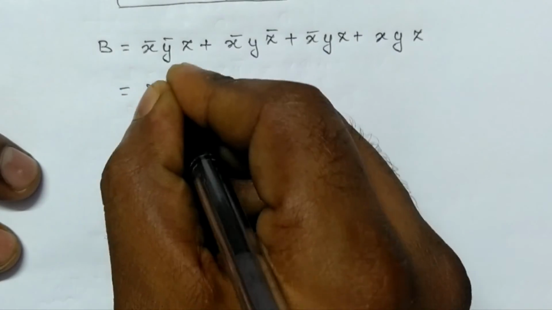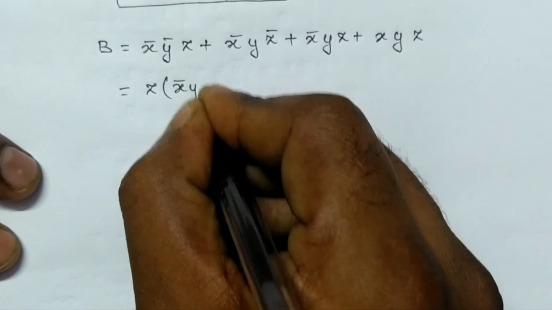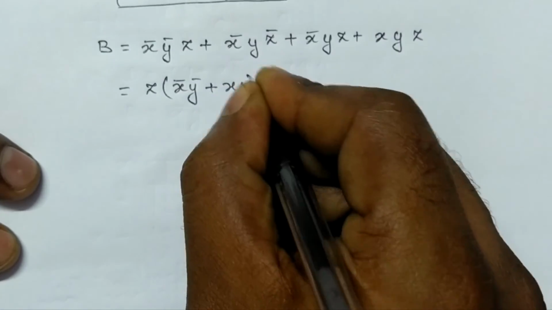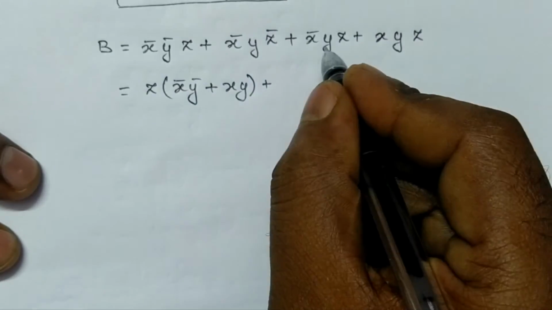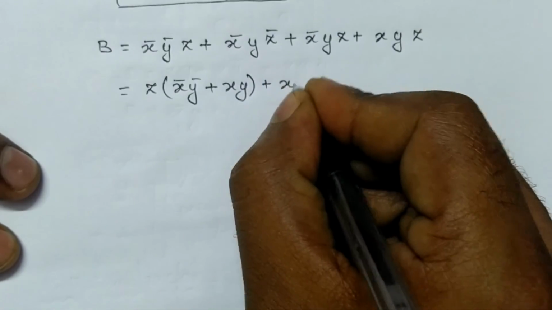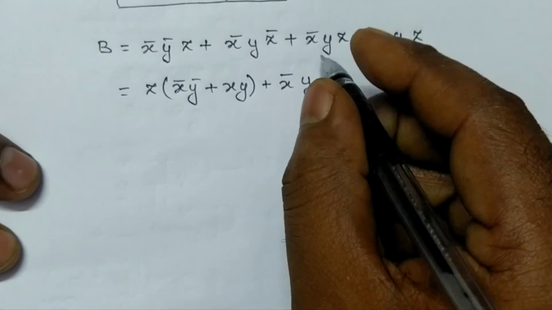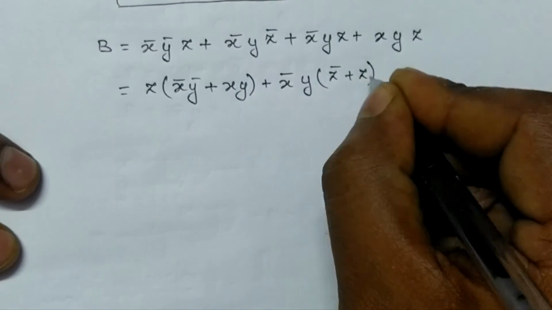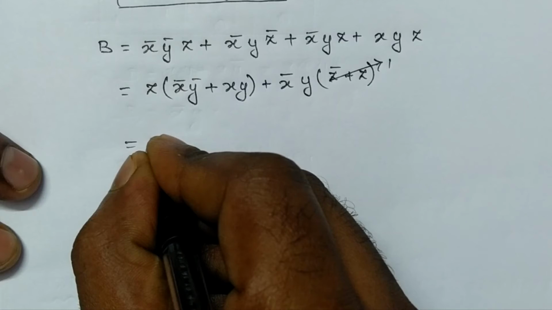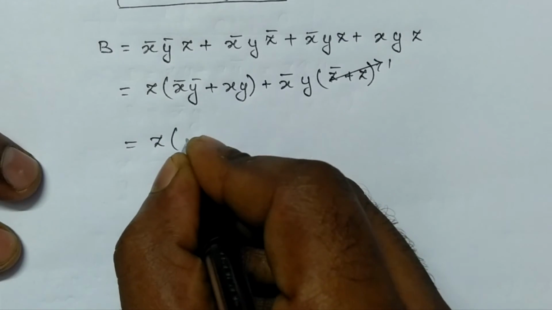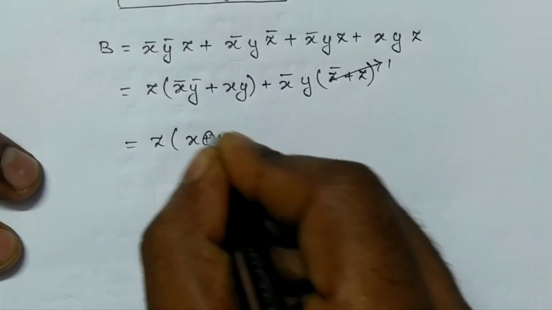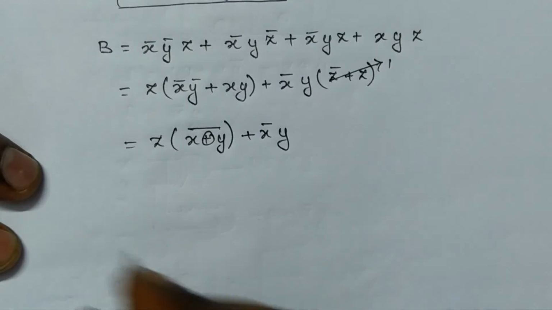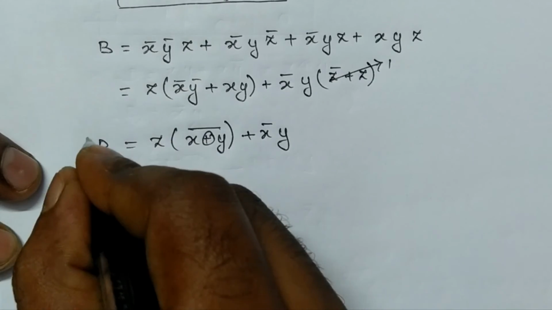Therefore here z into x bar y bar plus x y. Between these two, here we can take x bar y common outside. Therefore here we will have z bar plus z, which is equal to 1, z into x XOR y the whole bar plus here x bar y, which is nothing but borrow.